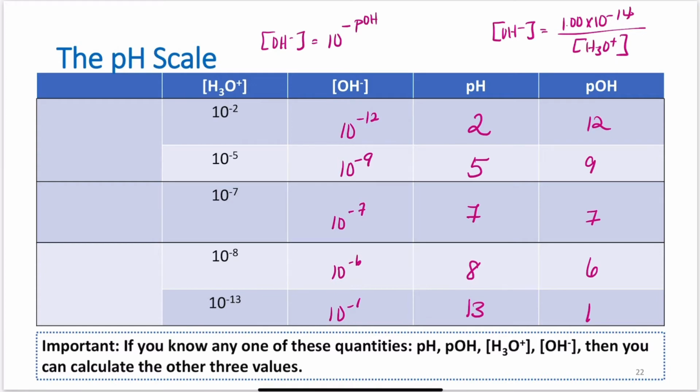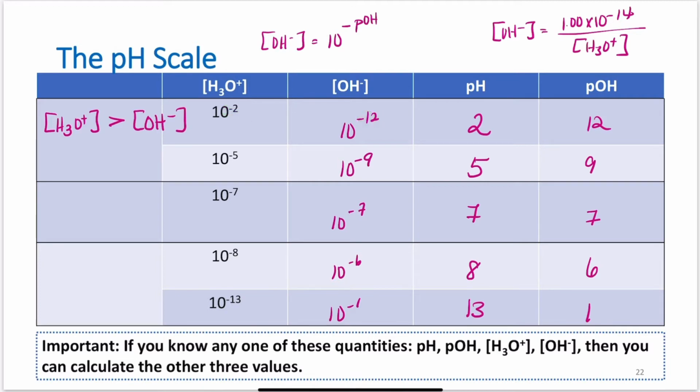Now, what does all this mean? What's this really telling me? Well, if the hydronium concentration is 10 to the minus 2 or 10 to the minus 5, the hydronium concentration here in both of these cases is greater than the hydroxide concentration. Don't let this mess you up. Students are going to look at these numbers and say negative 2 and negative 12, negative 12 is bigger. No, it's not.